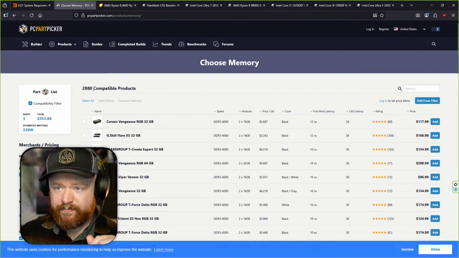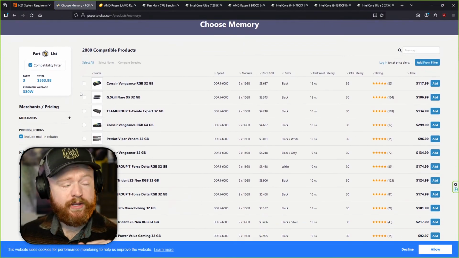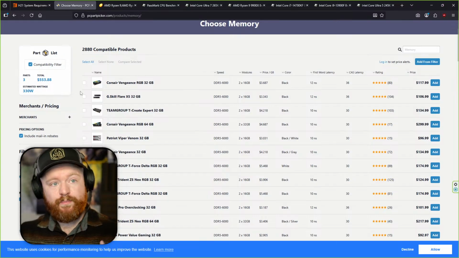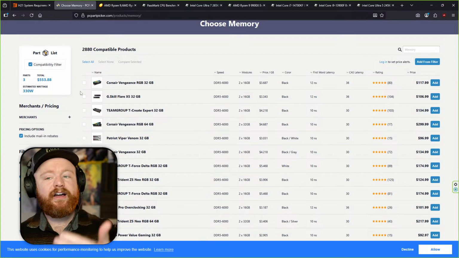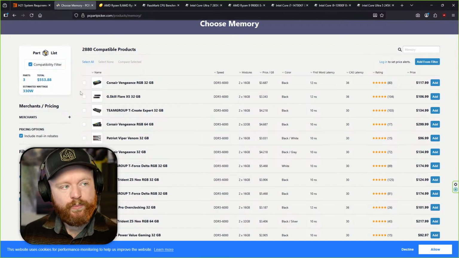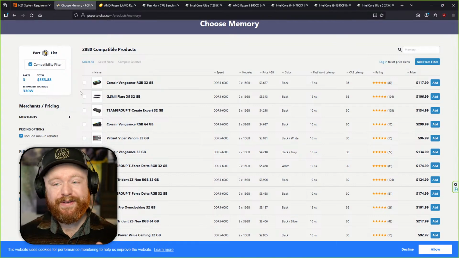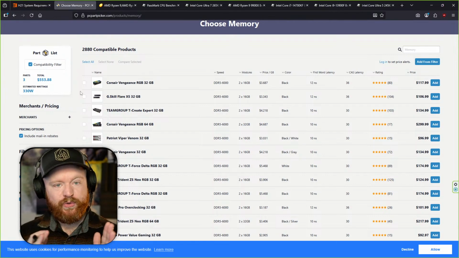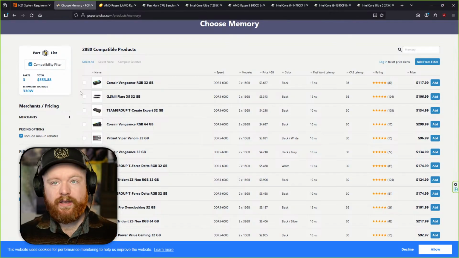For memory, whenever you buy memory, you want to make sure that you buy everything you want in one package. Adding on memory later on is possible, but it's not the most ideal way of doing it, because memory is designed to be compatible from one stick to another.